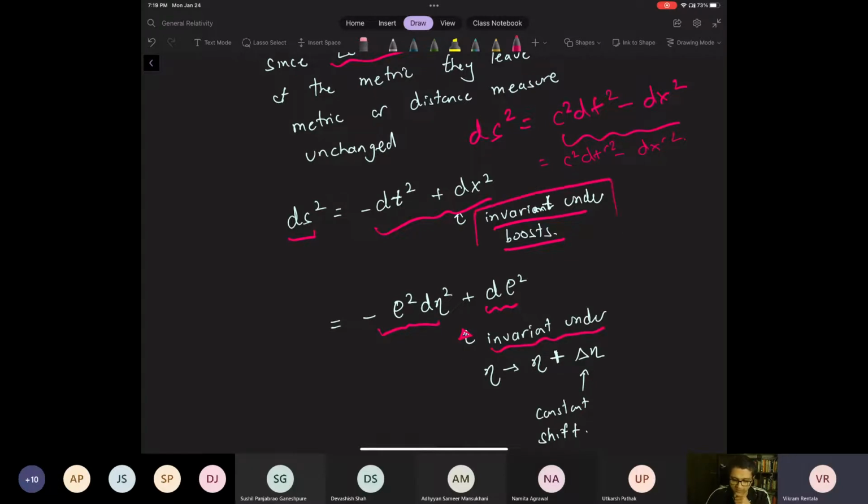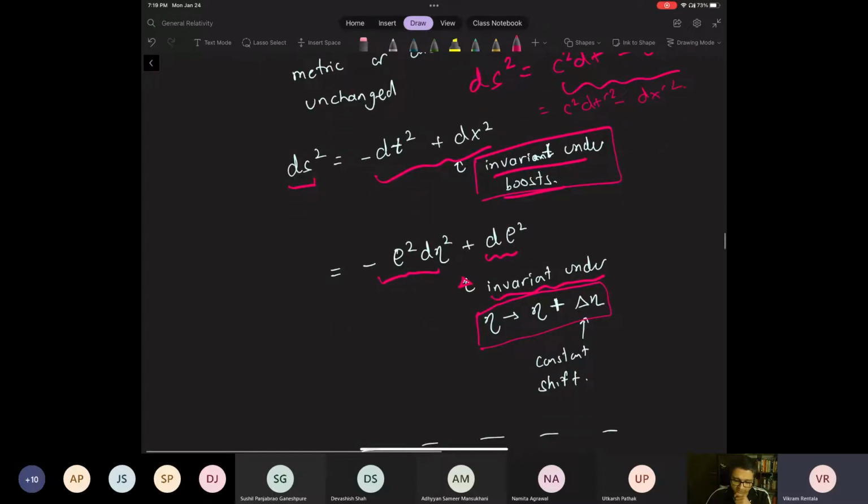Because boosts, according to the inertial observer, are the same thing as a translation in eta as seen by the accelerated observers. So if I make a translation in eta, eta goes to eta plus delta eta, a constant shift of eta, then the claim is that this interval should be the same. And so you can also see why the coefficients do not depend on eta.